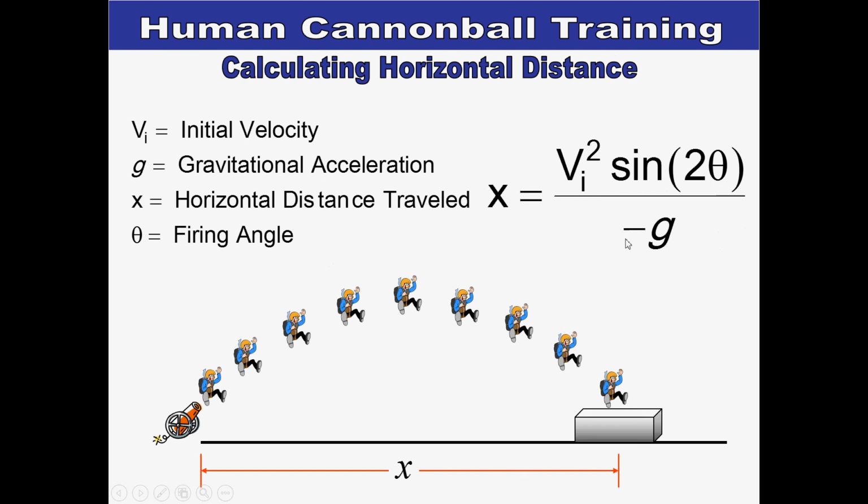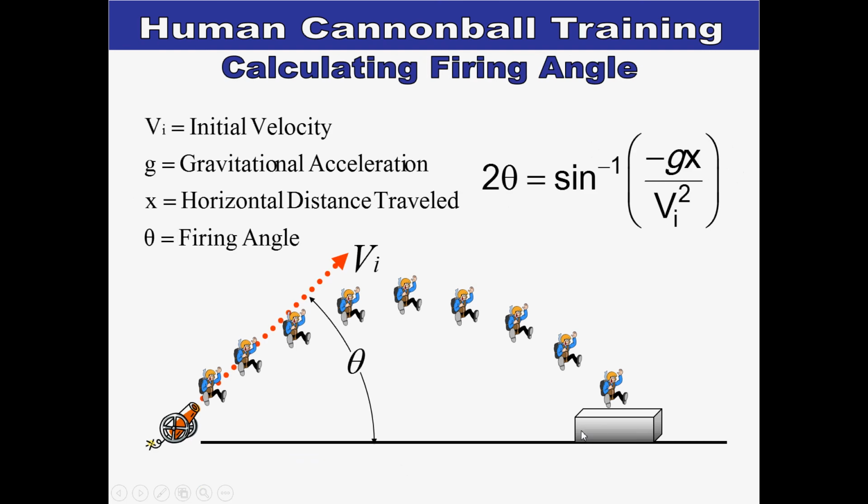If instead I knew how fast he was traveling, and I knew the angle and I wanted to know how far he was going, I would rearrange the equation. This equation and the previous equation are exactly the same, they're just rearranged. So here, if I knew the initial velocity, the angle, and the gravitational value, I could find how far he would travel.